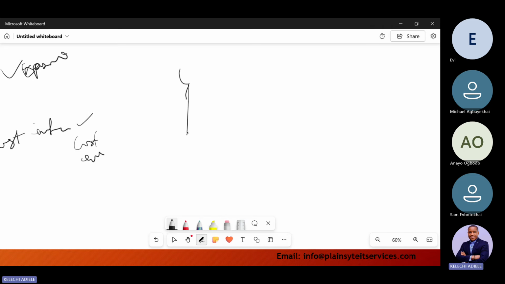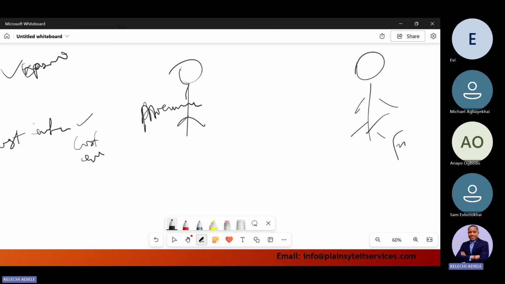This is the procurement guy. This is the finance guy. In an organization, you have the procurement department and you have the finance department. These two are separate. Within the organization, they have separate roles and responsibilities.